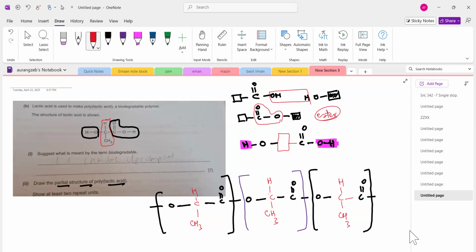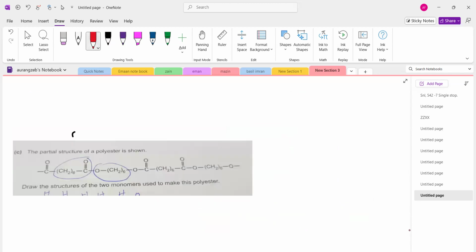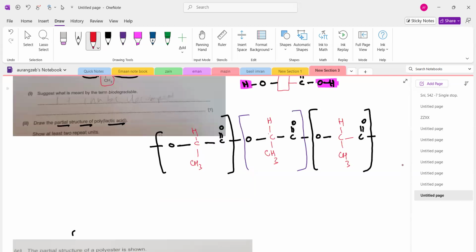Here, in this case, they have given us a long chain structure, and they are saying draw the structures of the two monomers used to make this polyester. Earlier, we have drawn this one, a polyester. Look at this.